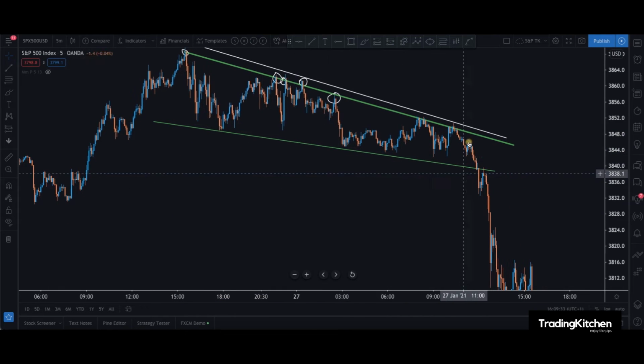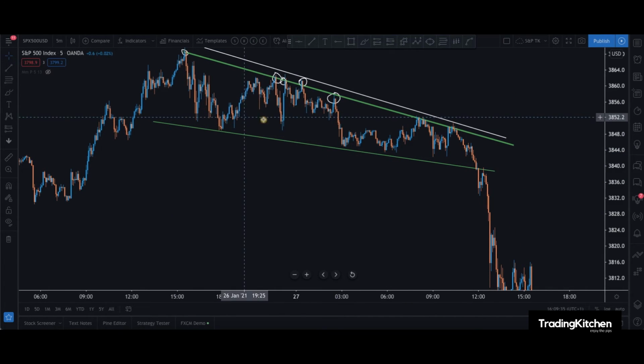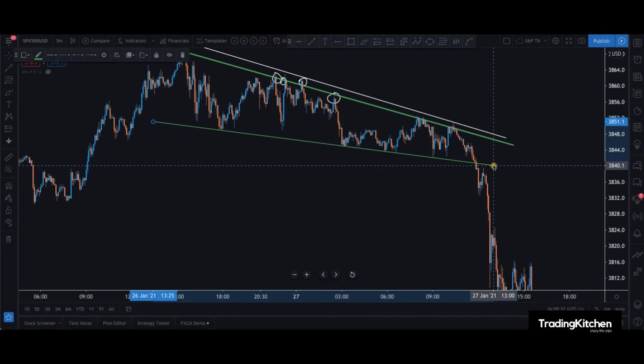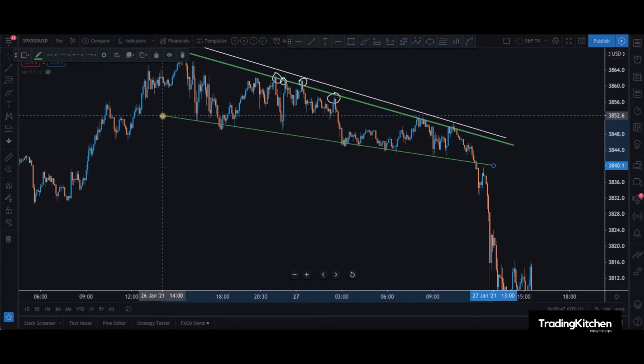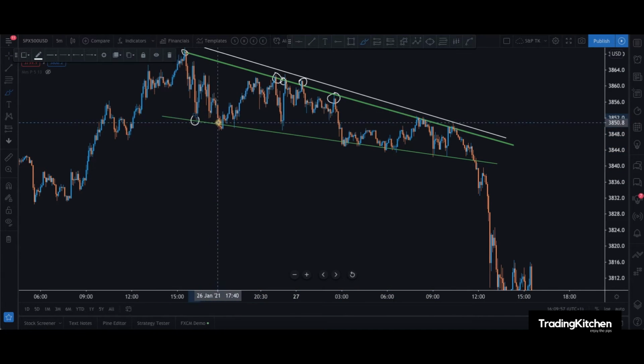Okay, and then once a channel is broken, we can look for an entry. So in this case, as you can see, this is a correct way to draw the trend line. Okay, so if you see, I try to touch so many points.